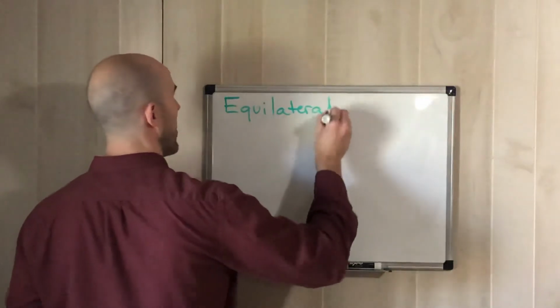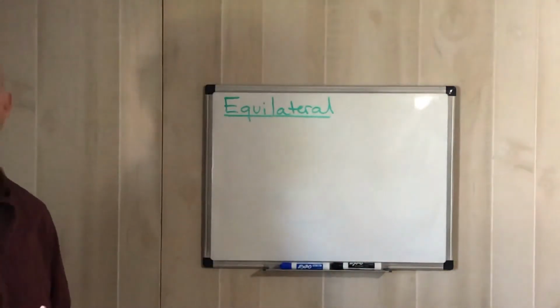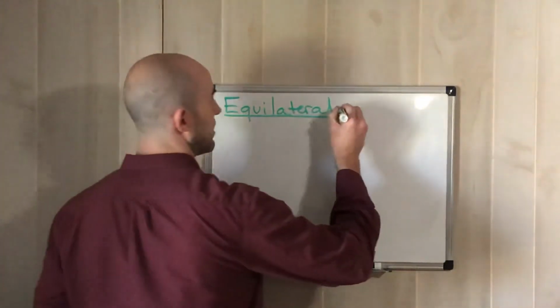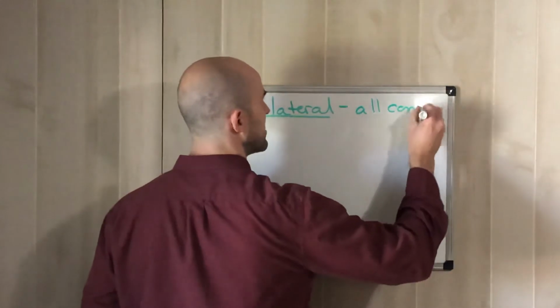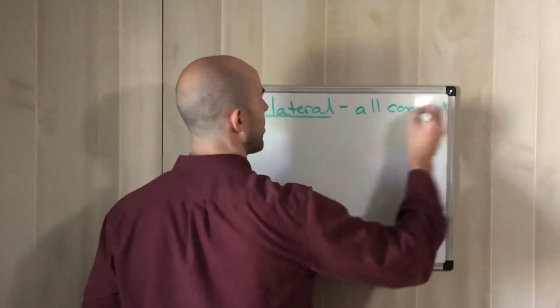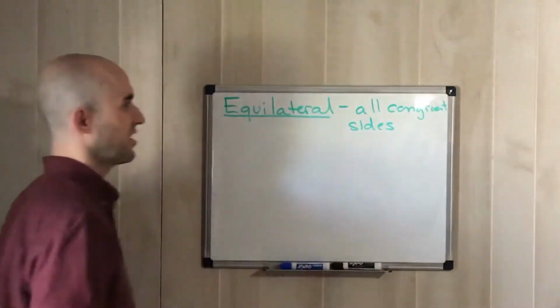We refer to it as equilateral, and equilateral just means all congruent sides. Equilateral just means all sides are congruent.